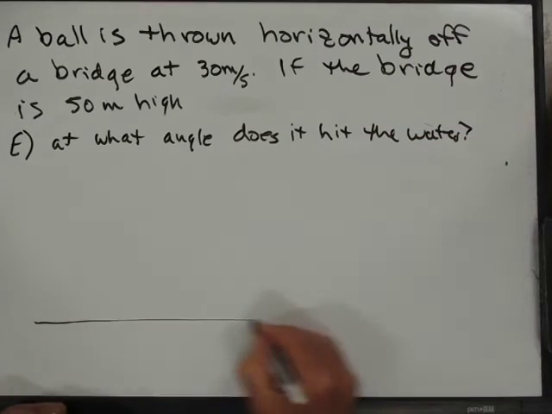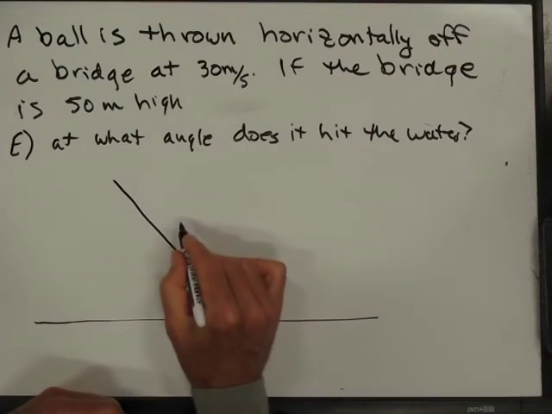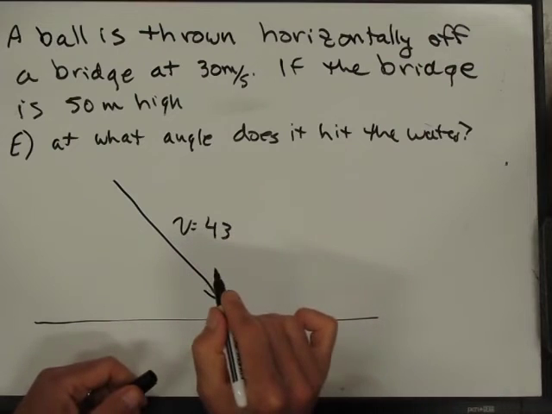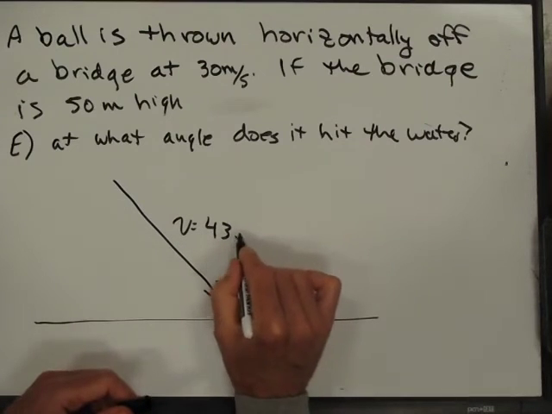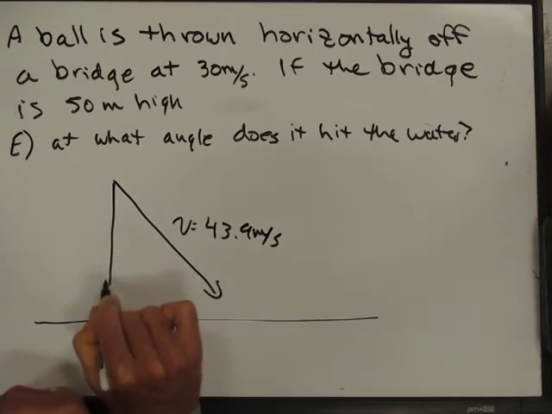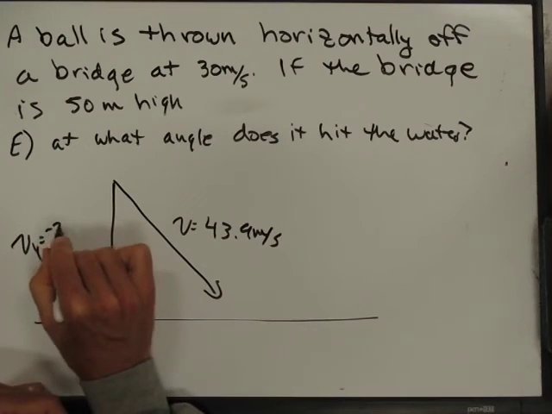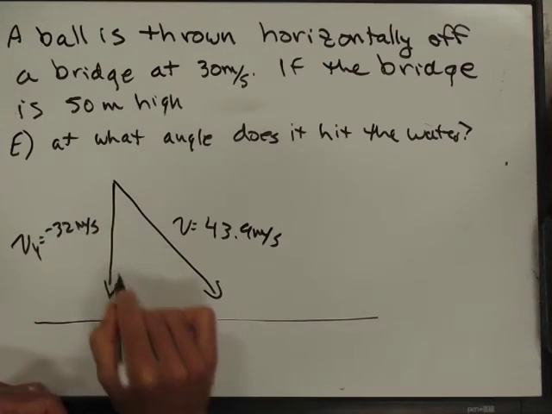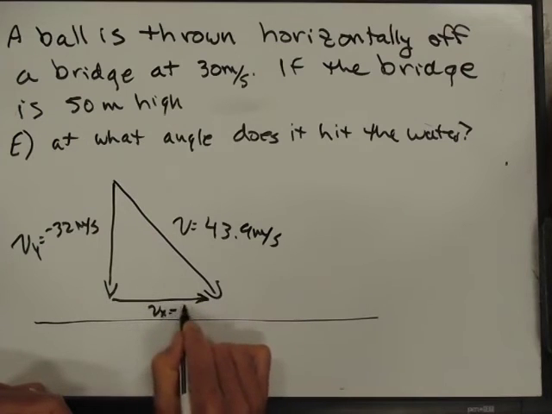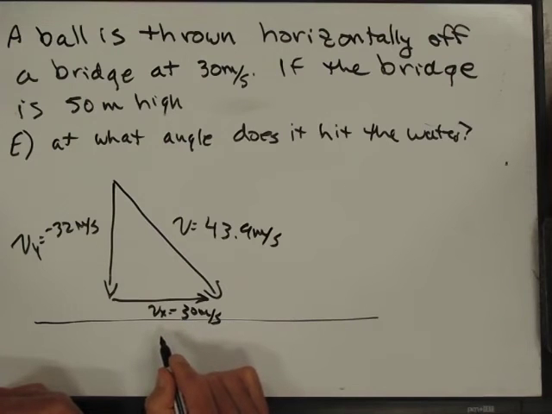So I'm going to give you a blow-up of right near the ground, right? It's coming in this way, and this is V equals whatever it is, 43.9 meters per second. It's got a y component that's Vy equals minus 32 meters per second, and a Vx equals 30 meters per second. Right.